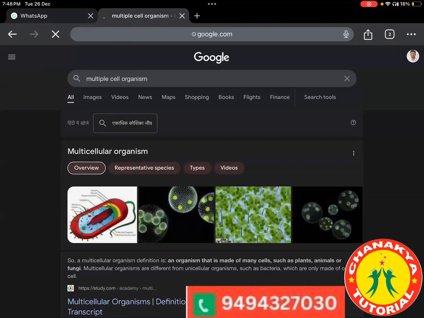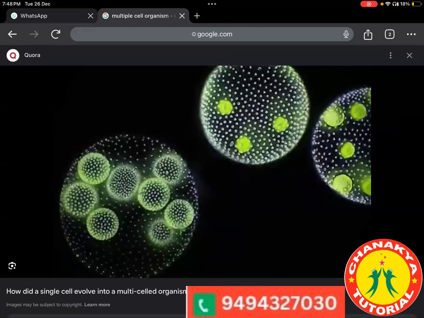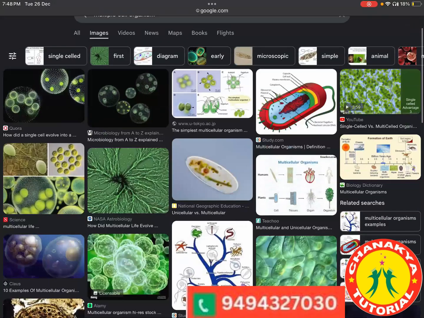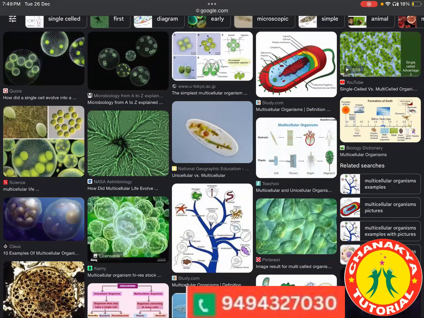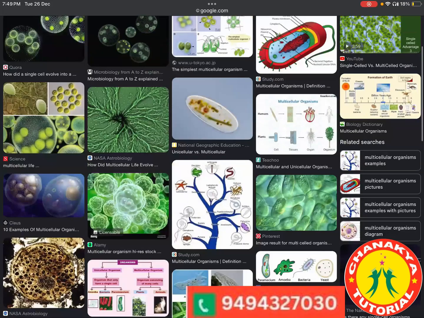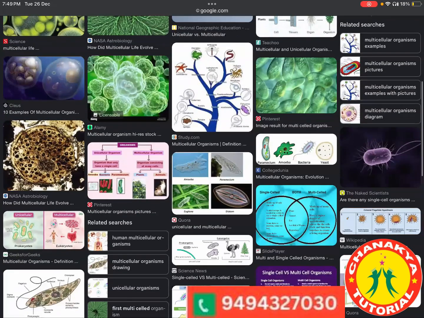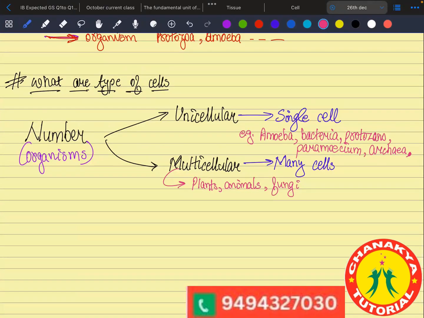Whereas, take the example of ourselves, humans. In humans, we are made up of many kinds of cells. Can you name any two or three?